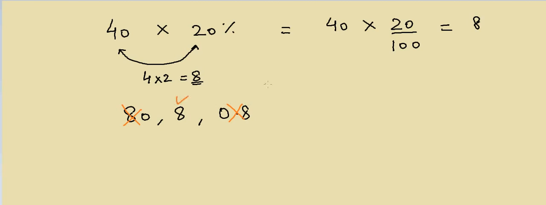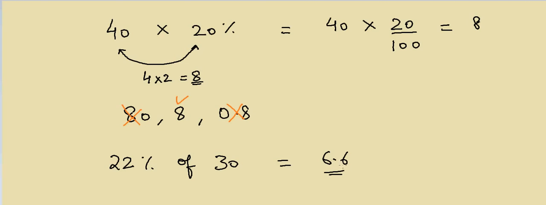So if we don't worry about the zeros, first of all, we can do this calculation very quickly without thinking about zeros. For example, if I have to say 22% of 30, the answer will be equal to 6.6. What I did, I just multiplied 22 and 30, and I get 660.